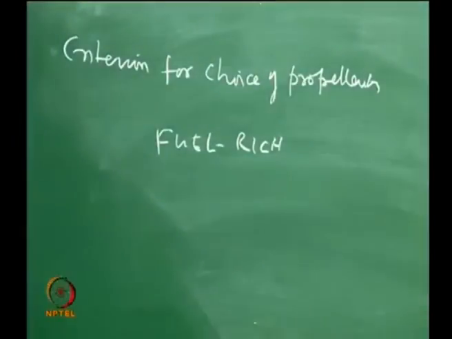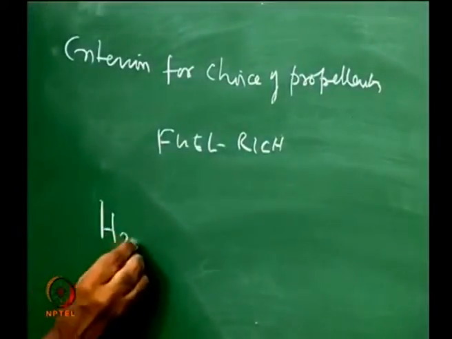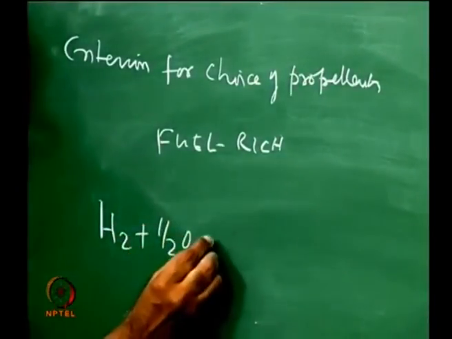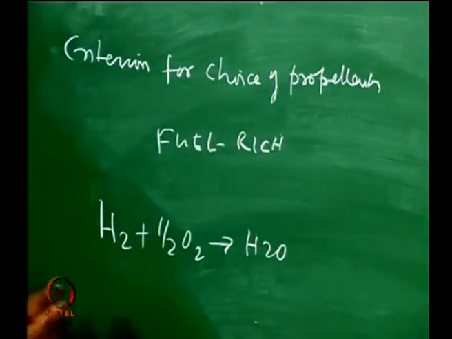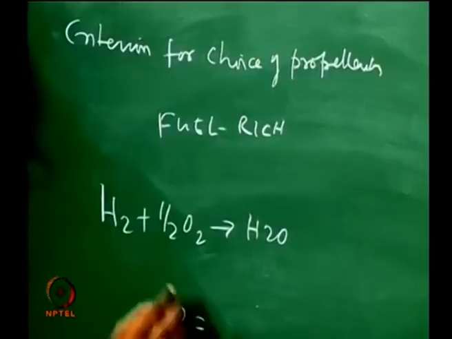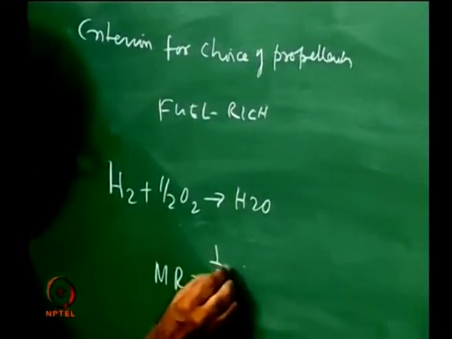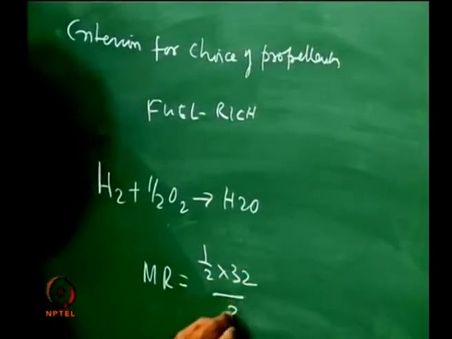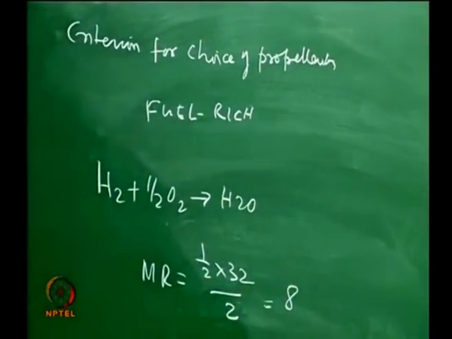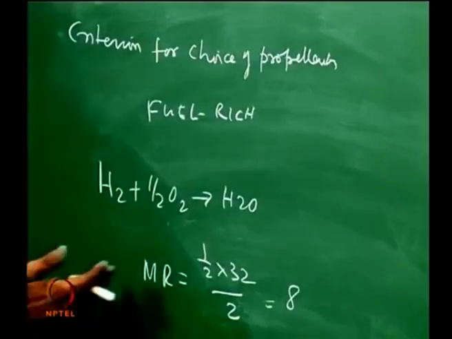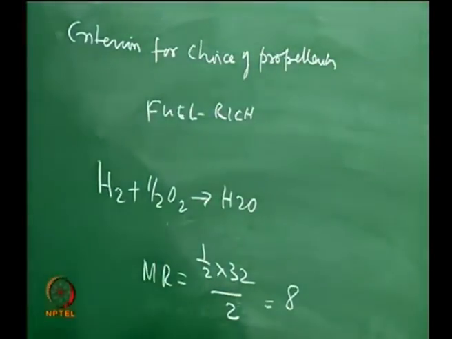In other words, if I have the stoichiometric reaction H2 plus half O2 giving me H2O, what am I telling? The mixture ratio in this case is going to be half into 32 divided by 2, that means a mixture ratio of 8, which is stoichiometric. But in practice what we use is a mixture ratio between 5 and 6.